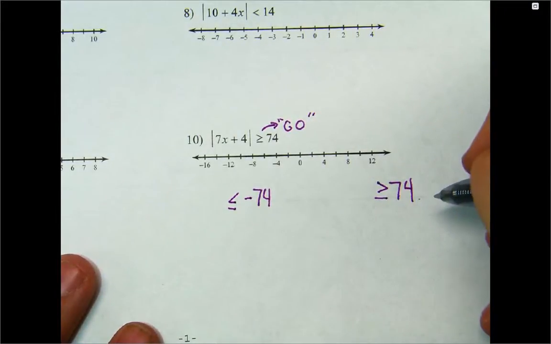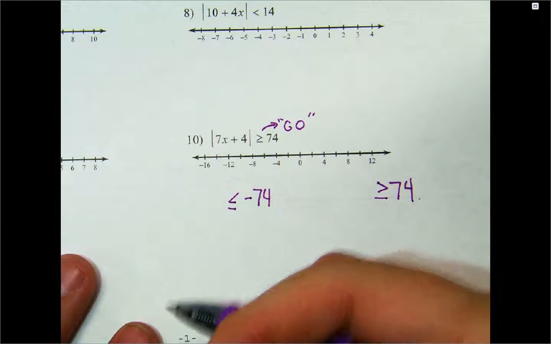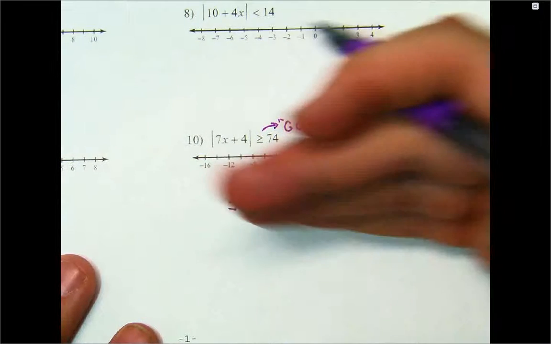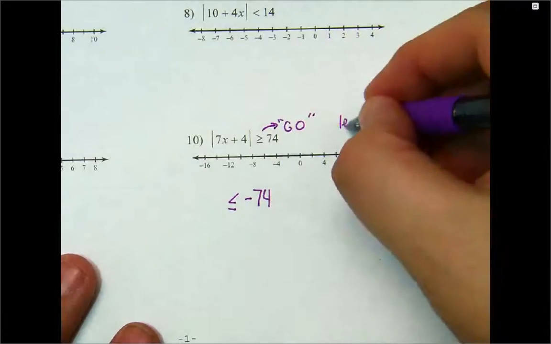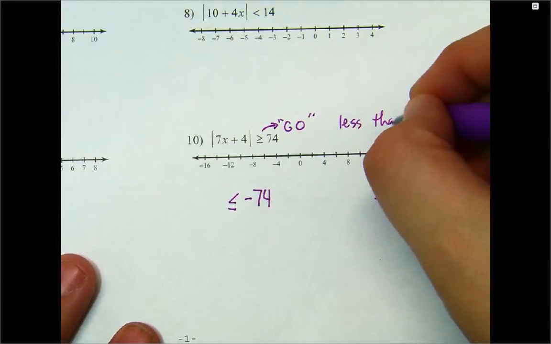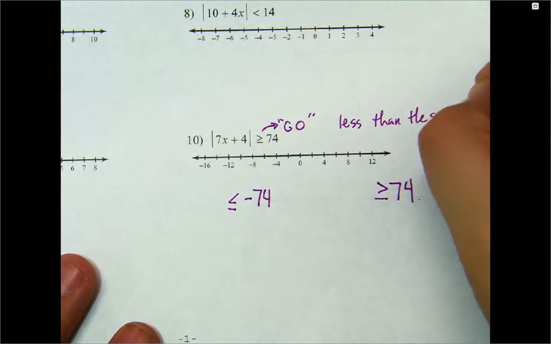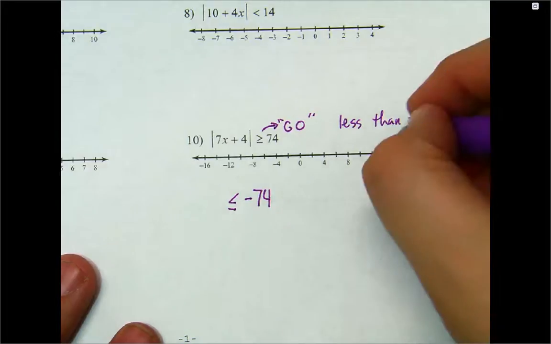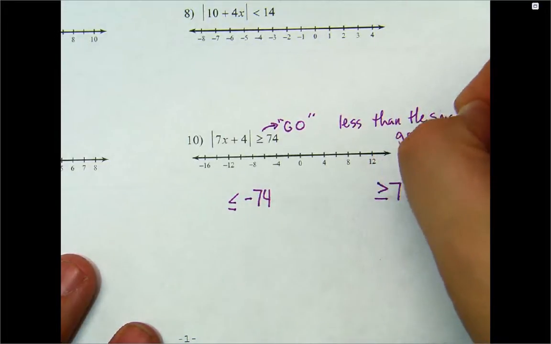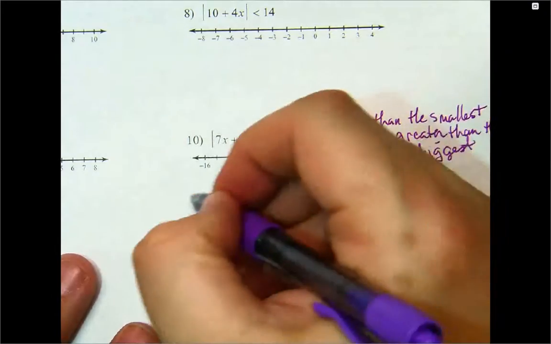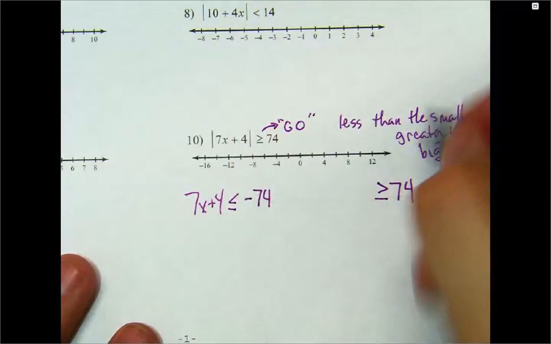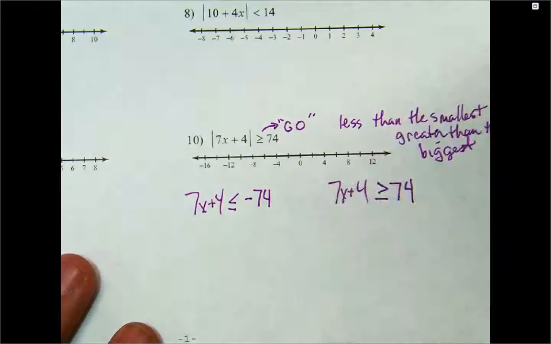And that's how you're always going to set it up. You're going to be less than the smallest or greater than the biggest. And then we just put the 7x plus 4 out front. And we put an "or" in the middle. And then solve each one.